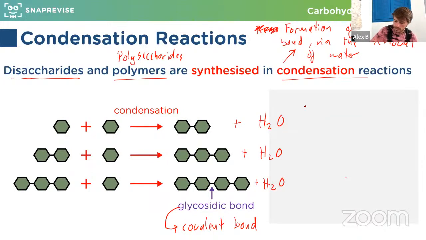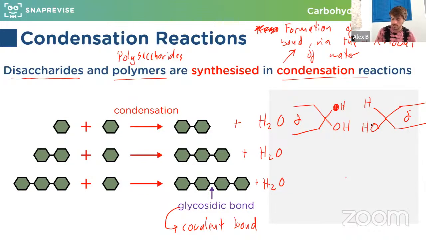So I'm just going to draw a bit of a glucose molecule here. Hydrogen and OH. You might recognize this is just a section of an alpha glucose, and this is also another alpha glucose. H and then OH here.